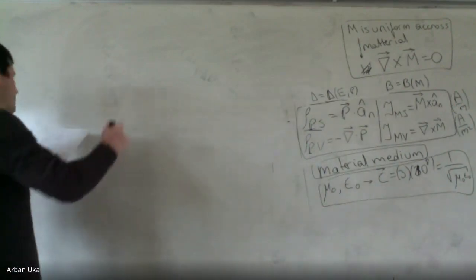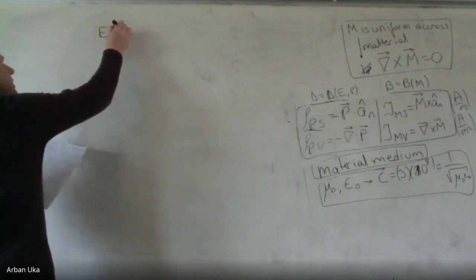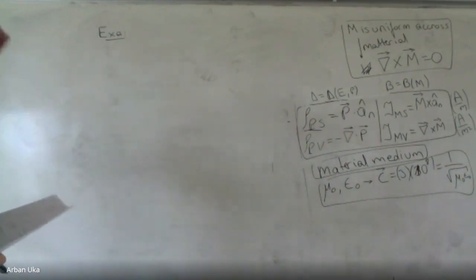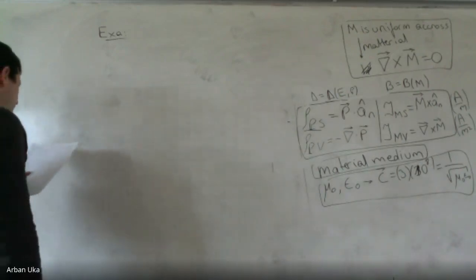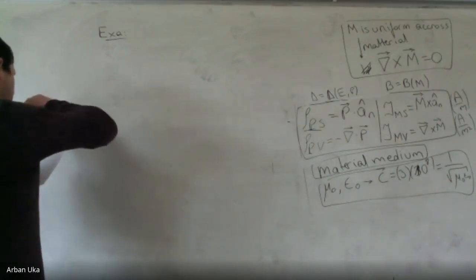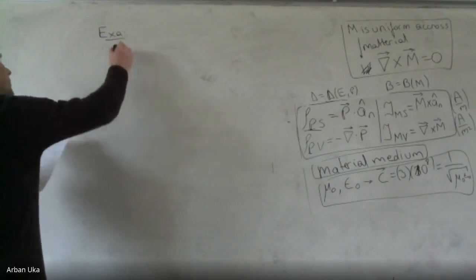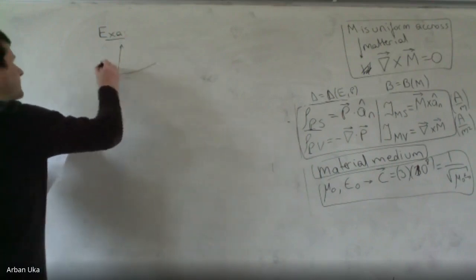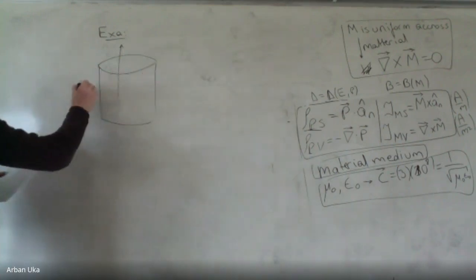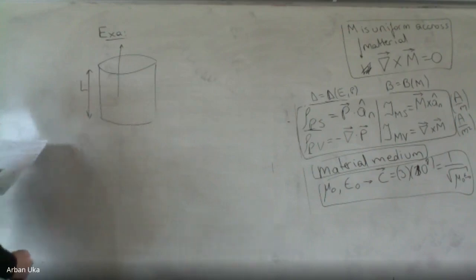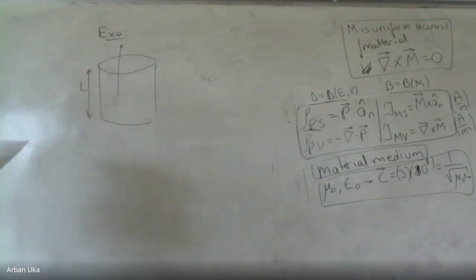Now, let's see an example here. Let's start with some classical examples right away. Let's assume that we have a cylinder, which looks like this. This cylinder has a length L, or a height L, and we are given an axial magnetization.